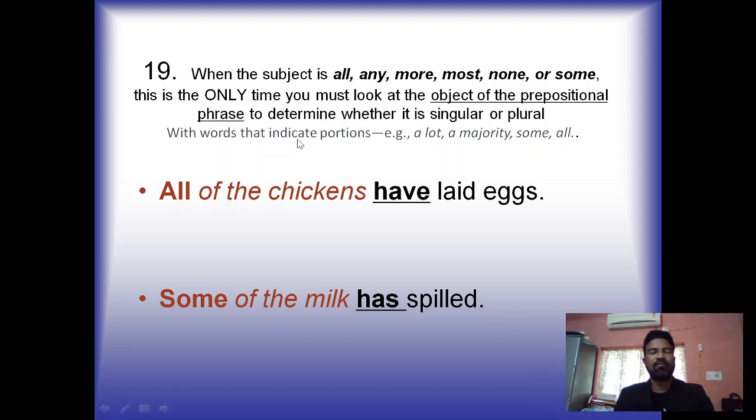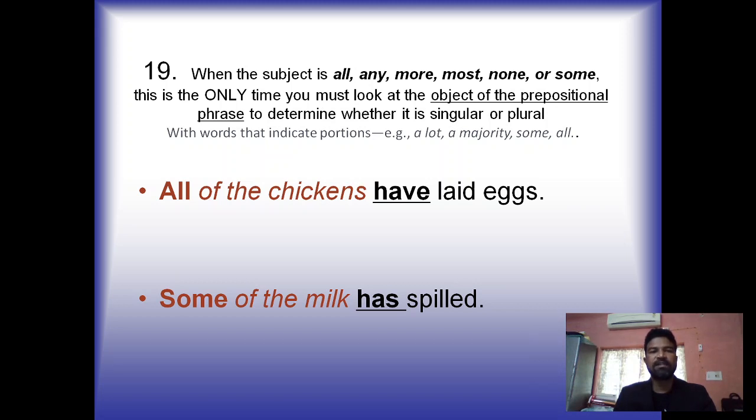This is another very important rule. When the subject is all, any, more, most, none or some, this is the only time you must look at the object of the prepositional phrase to determine whether it is singular or plural.